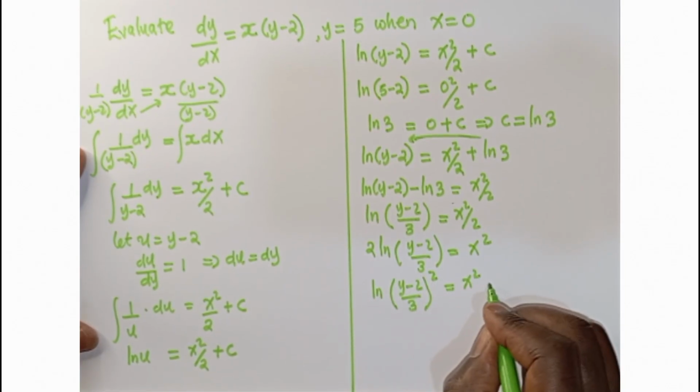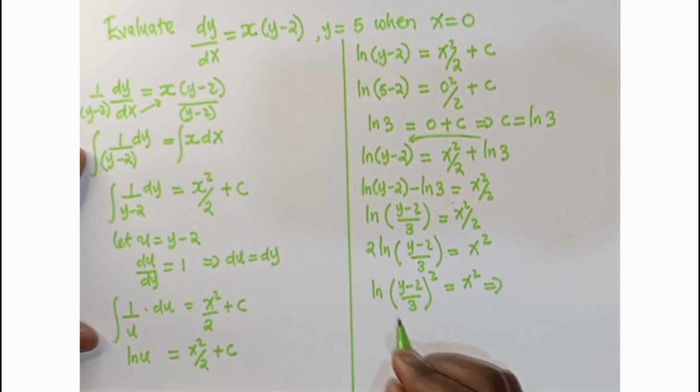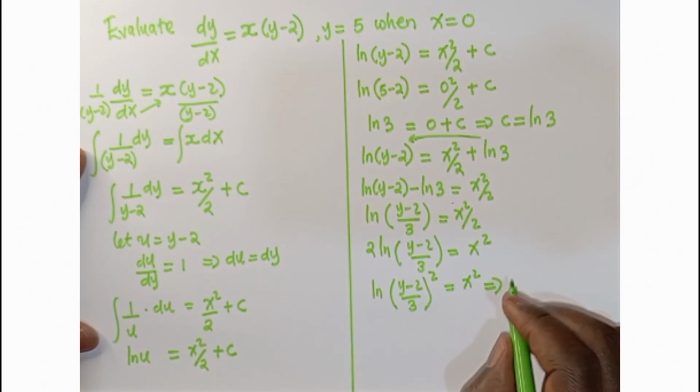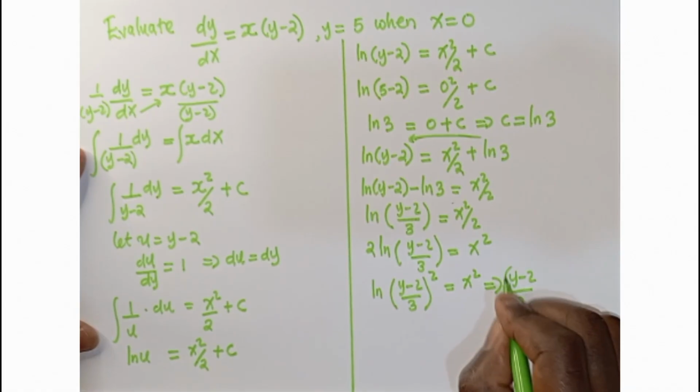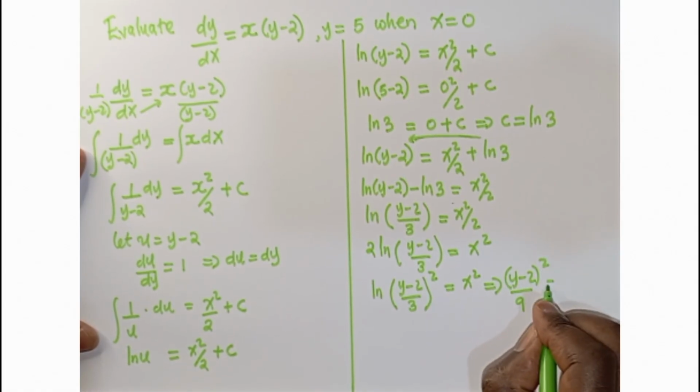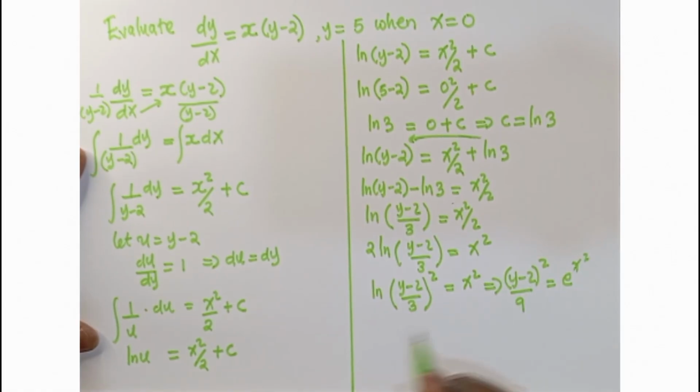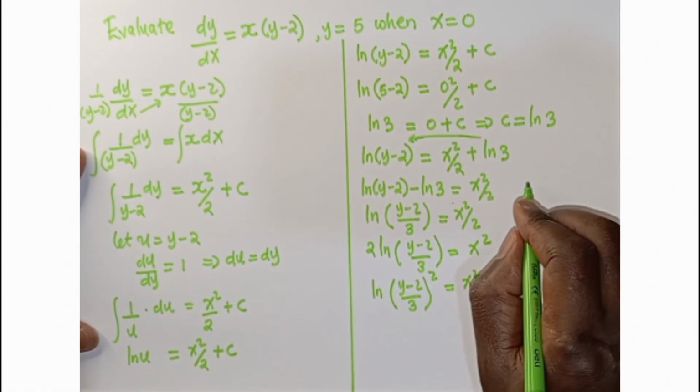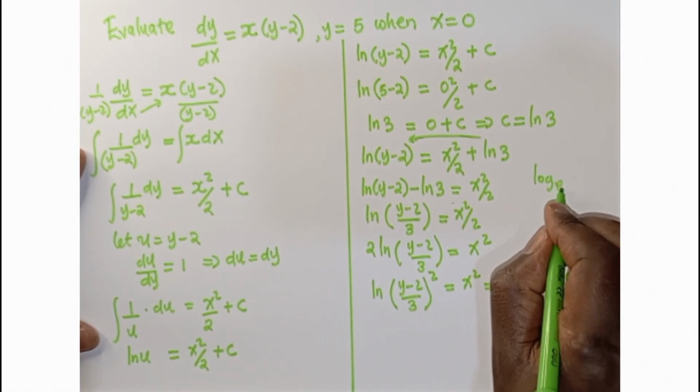Now we can simplify this further to say that we can have y minus 2 out of 3, squared, is actually the exponential of x squared. Why? Because ln is log base e.